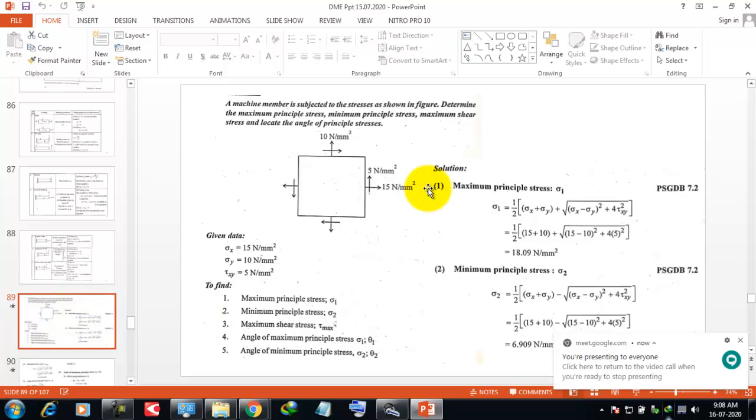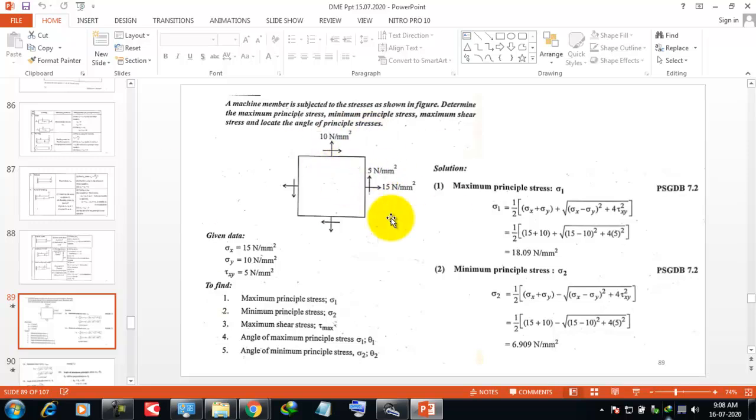We discussed a system where we saw only axial and tangential, principal stress. We discussed shear and normal stresses acting on a member. In this machine member we discussed.